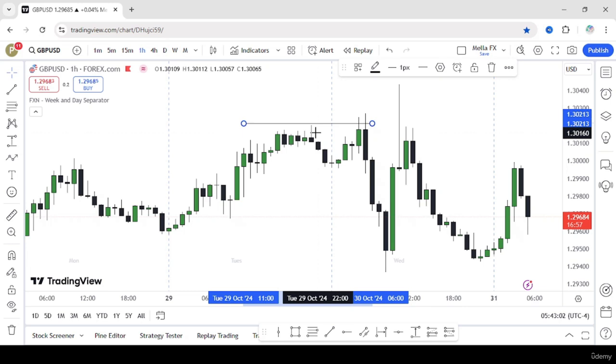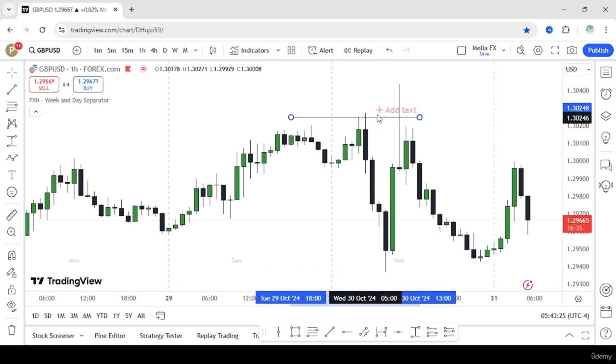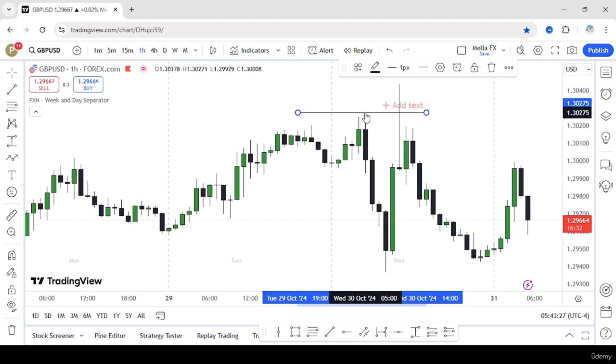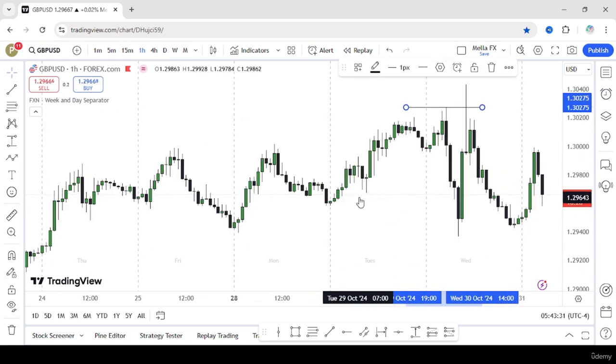For this next one, it was a session high because it was a London high. This swing was made during London. But this one was a previous day's high. We ran above it, then the market ran lower. Immediately we came back again, ran this session high, then immediately reversed.